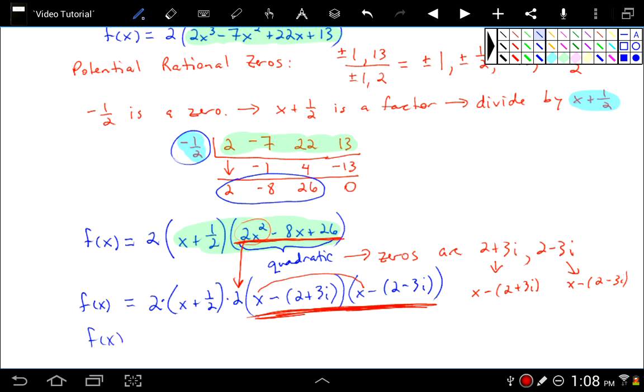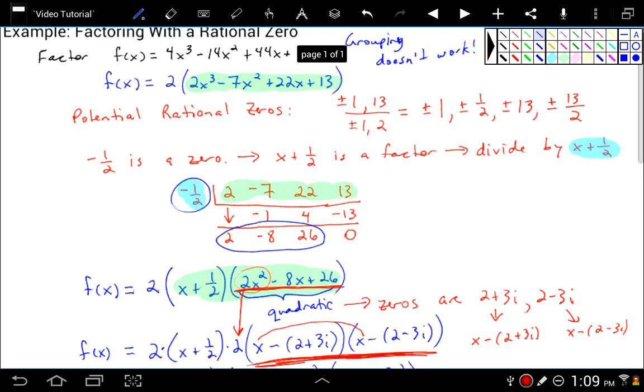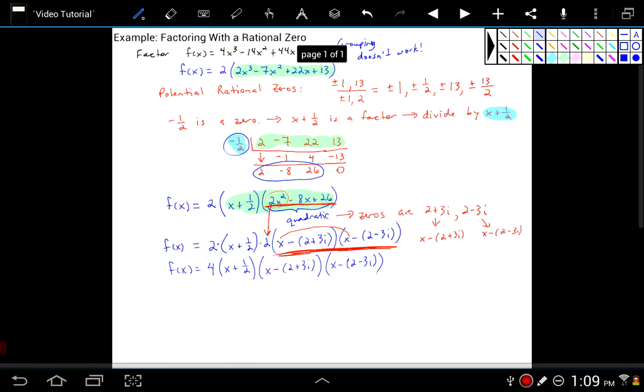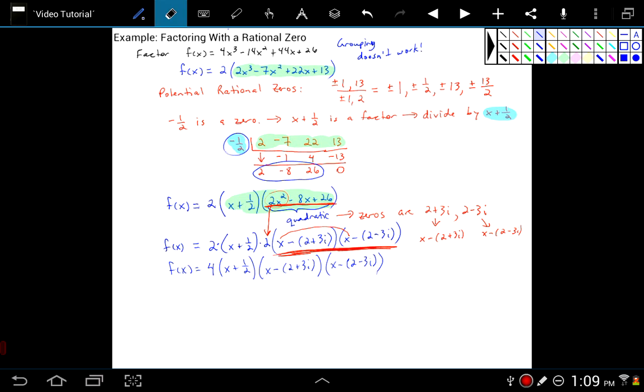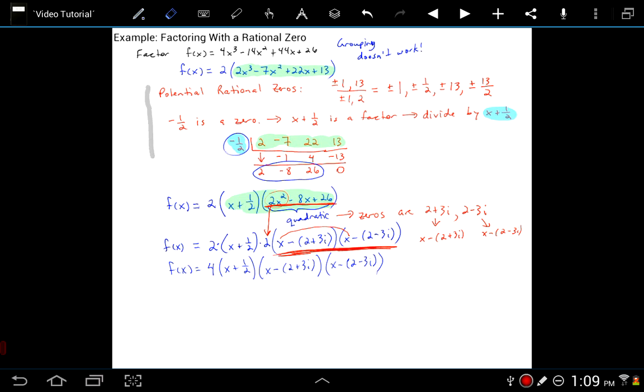So I just end up with 2 times 2, which is 4, times x plus 1/2 times x minus (2 plus 3i) times x minus (2 minus 3i). And now, let me clean some of this up here, get rid of all this stuff in between.